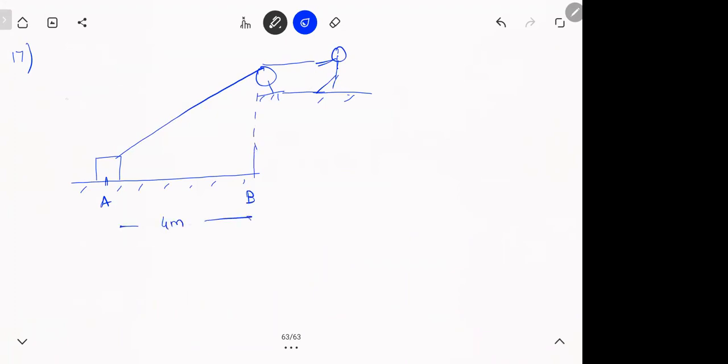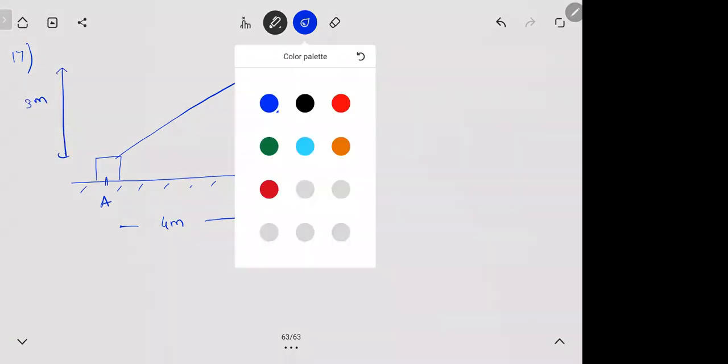We have a block here. There is a string and there is a man. So this position is A. This position is B. This is 4 meters. This is 3 meters. If you remember, we did something like this in work.